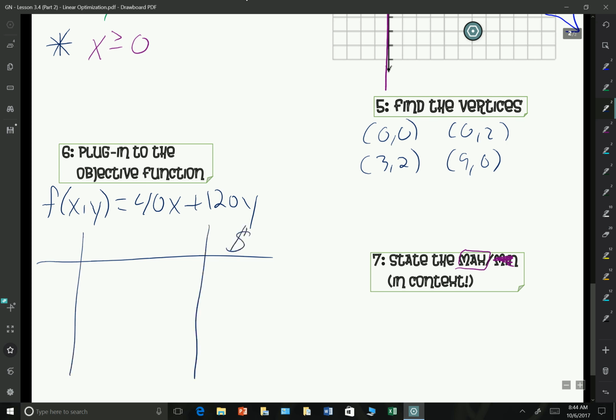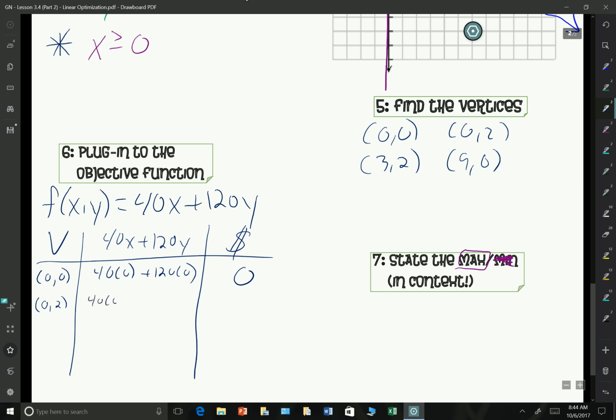So I have my table. Remember, the units here for the max is dollars. I have my vertices, and I have my function. And I'm just going to plug them in. 0, 0 means the company does not mow or prune any jobs. How much money are they going to make? Nothing. I could plug in 0, 0, but context tells me what I'm trying to find. 0, 2, they don't mow any, but they prune 2 jobs.